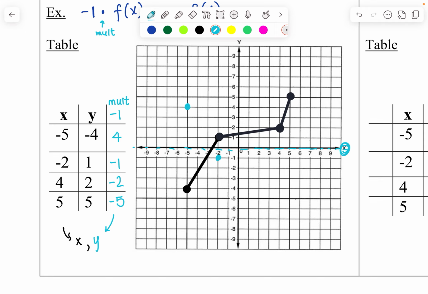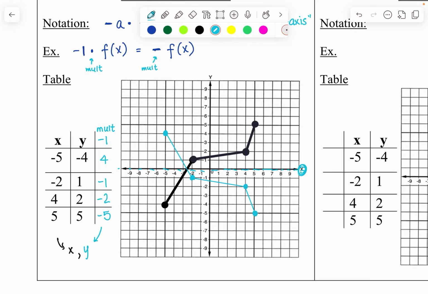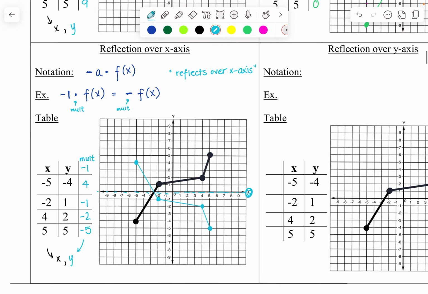Notice how it's across the x-axis. Then we've got a 4, -2 below the x-axis, and a 5, -5 below the x-axis. So go in order that we plotted the points and draw your lines using a straight edge. And there you have it. You graphed the reflection over the x-axis.